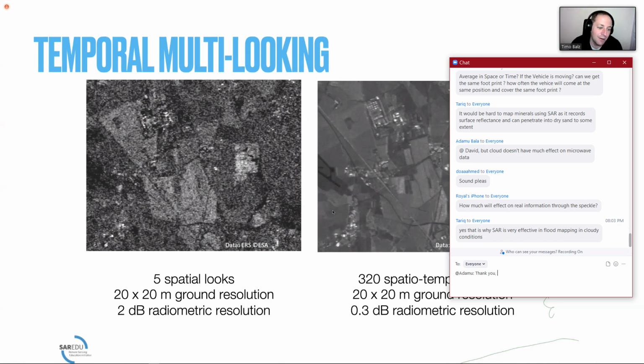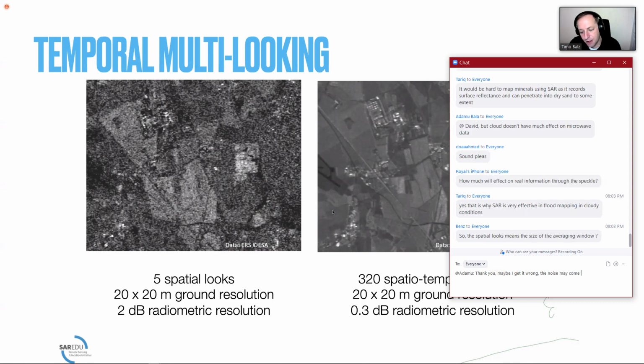Even for free, if you go now with, for example, the Sentinel data set, almost anywhere on the earth you can download. Over time, there should normally be more than 100 images everywhere in the archive. So you could download them for free and average in time.